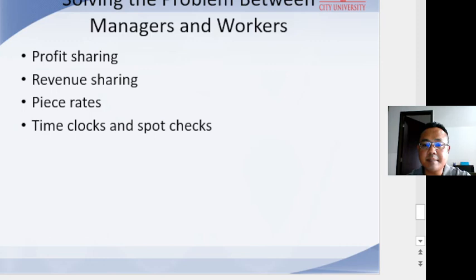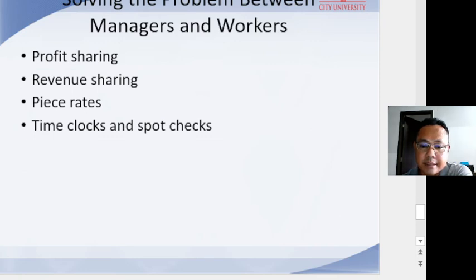Suppose the manager is being paid a fraction of profit and thus has an incentive to increase the firm's profit. The manager cannot be in several places at the same time and thus cannot monitor every worker even if he or she wanted to. The worker, on the other hand, would just as soon gossip or drink coffee as work. So how can the manager induce the workers not to shirk?